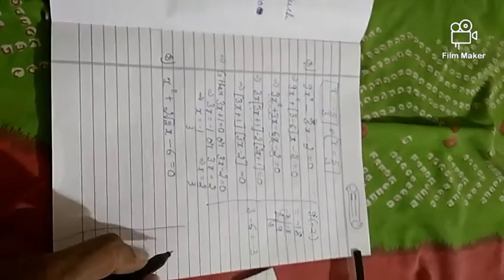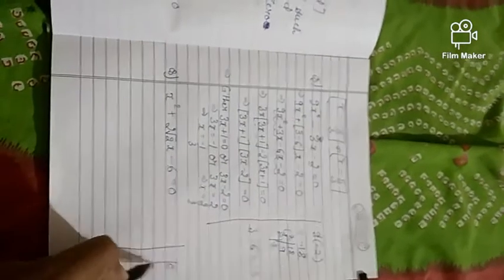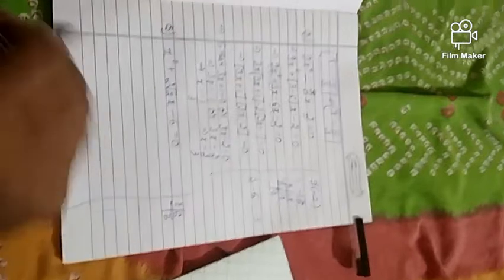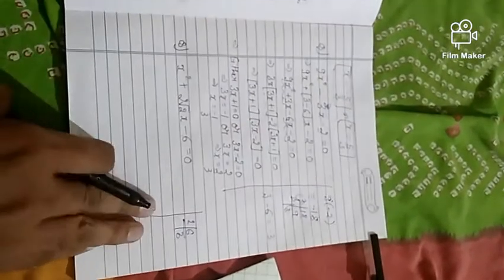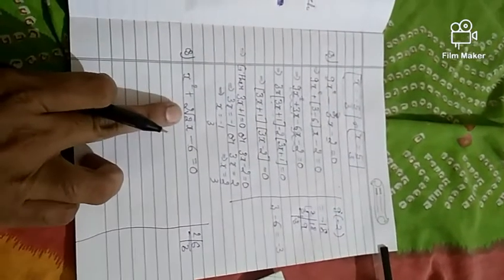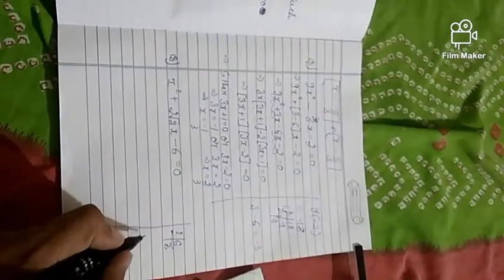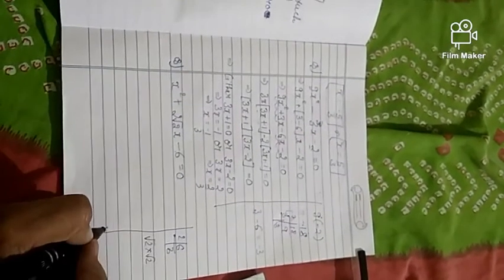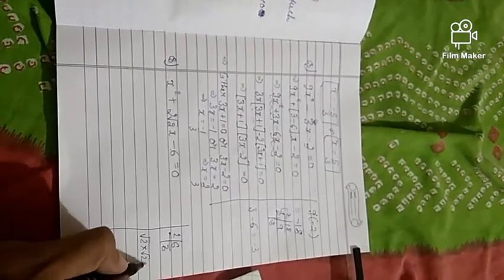Now this is a little difficult, but we can do it. 6 into 1 is 6. Just find the factors, it is 2 and 3. Now see, what is here is root 2. So I can write this as root 2 into root 2 into 3.